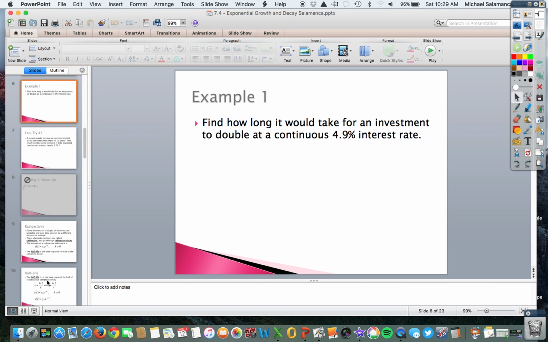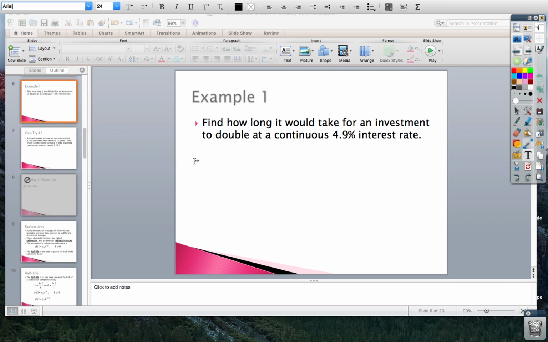So, example 1: find how long it would take for an investment to double at a continuous 4.9% interest rate. So we're going to write down A equals A sub 0 e to the rt.